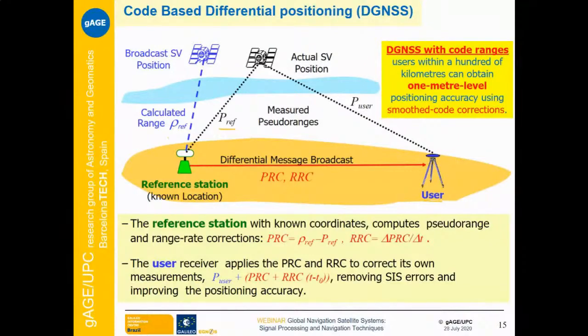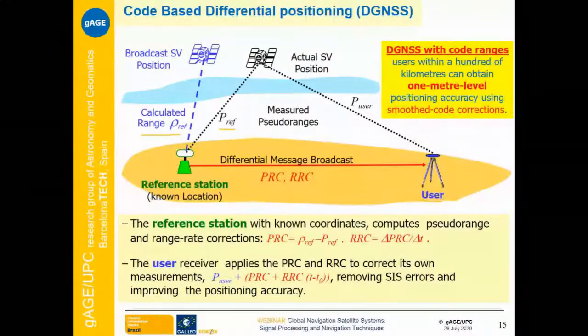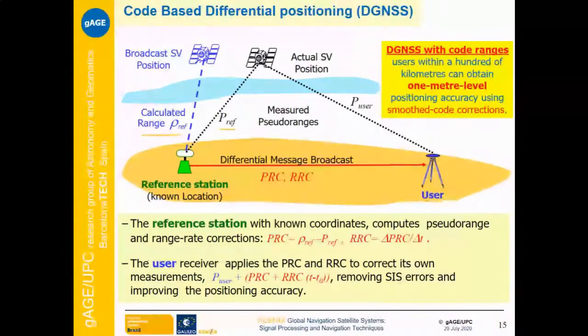And this is what we call the range, which we depict with a rho. So that we can compute the difference, what we call the pseudo range corrections, the PRC. That is the difference between the pseudo range that we are measuring and the range that we are computing.